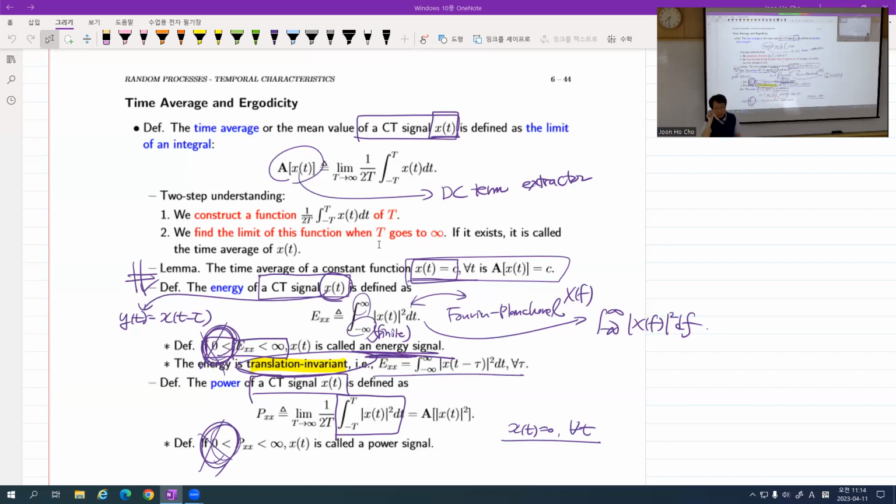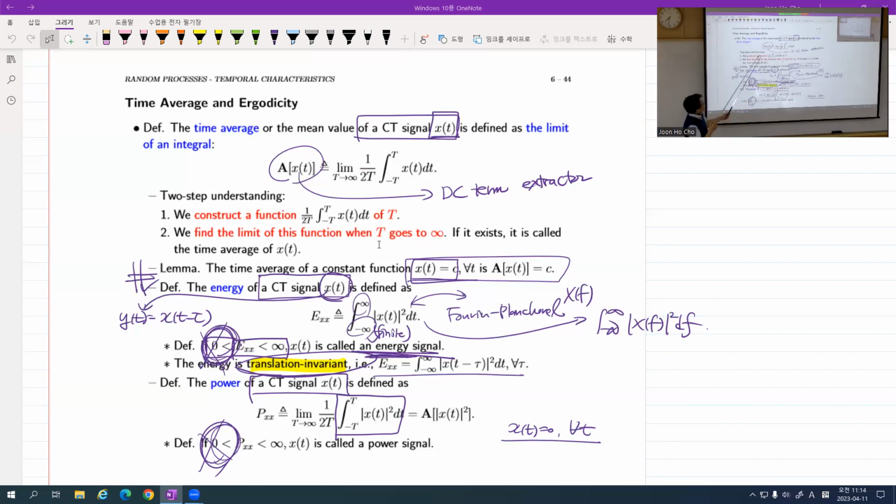But if you take T to infinity, the entire interval of your interest will be covered, right? So sometimes that may work, but be careful. In that case, if this is negative 2T and this is negative T and this is 2 capital T, then you must divide by 3T. It's obvious, right?